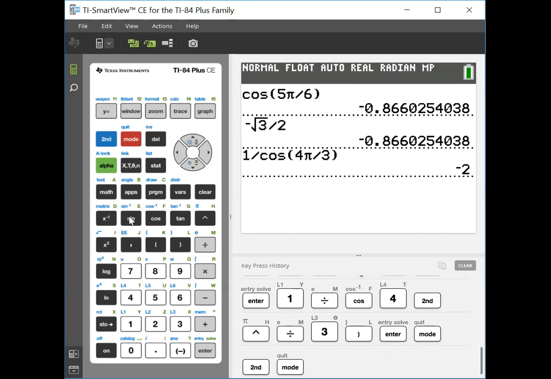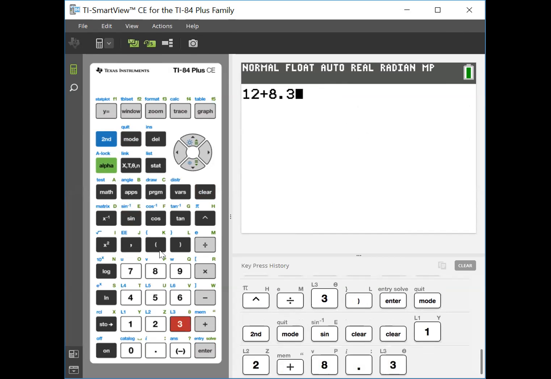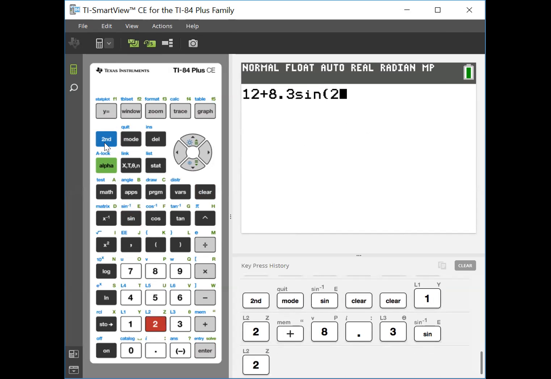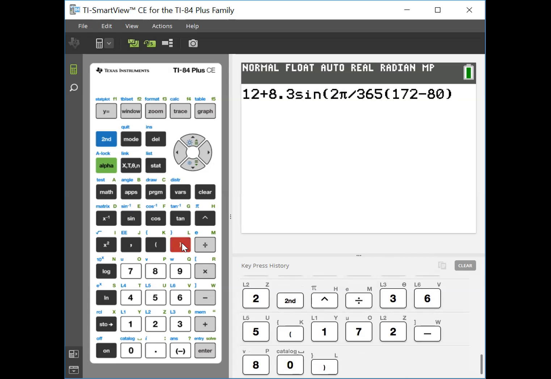We start with 12 plus 8.3 sine of 2 pi over 365, another bracket, 172 minus 80. Close that inside bracket, and then we need an outside bracket. Okay, so we're getting 20.299.